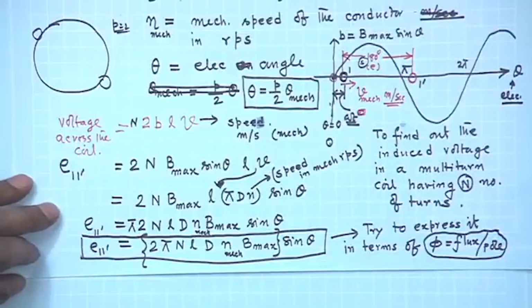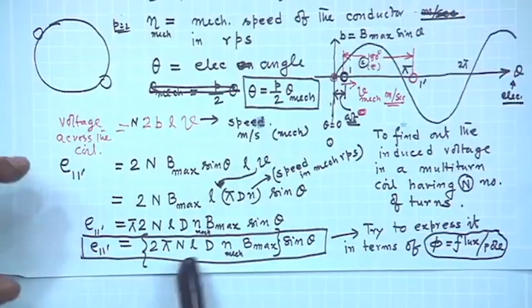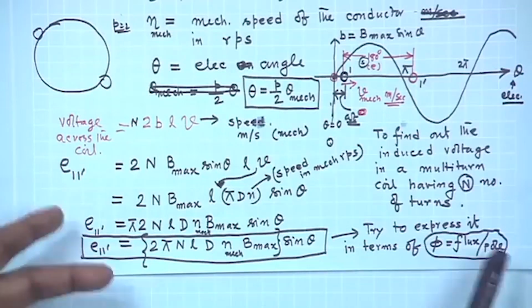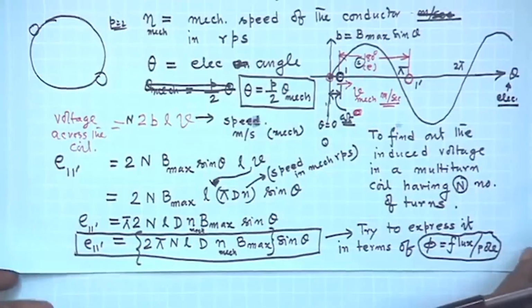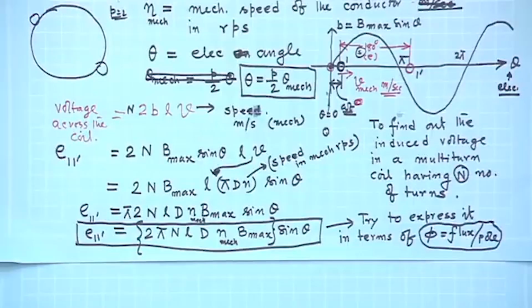That will get rid of the terms B max, L, D etcetera, as we will see now, and the expression will also be similar to that of a transformer. That is a very interesting thing. So, let us see how to do it.